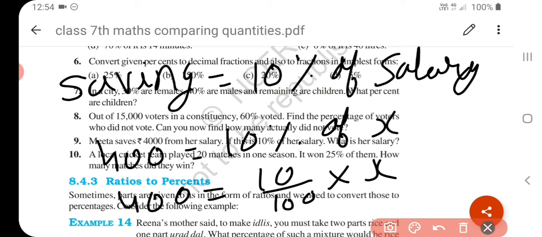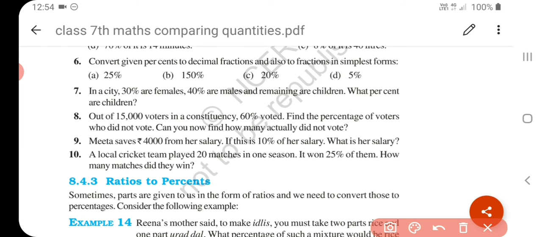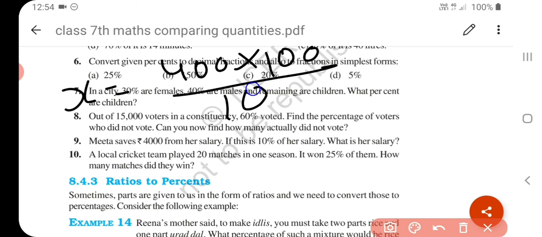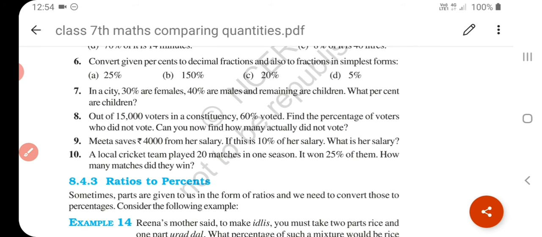When you want to find x, you can write x is equal to 400 into 100 upon 10. So her total salary is rupees 4000.